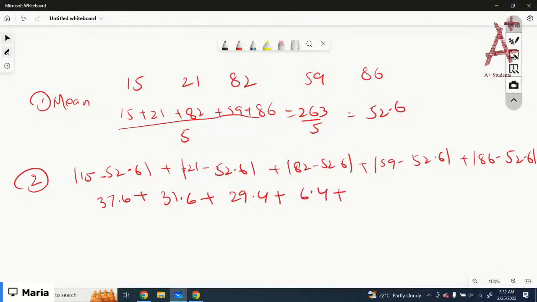Then 86 minus 52.6, that is 33.4. Just add all the numbers, 37.6 plus 31.6 plus 29.4 plus 6.4 plus 33.4. Got it?